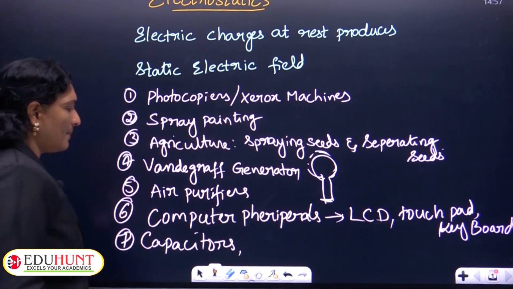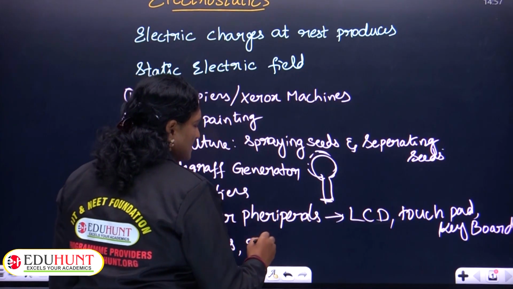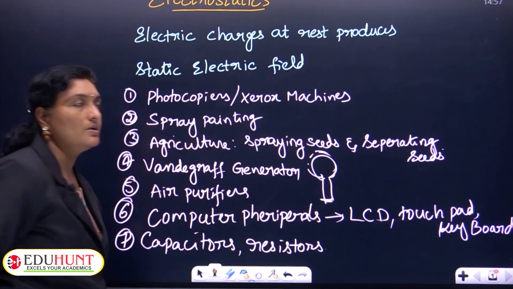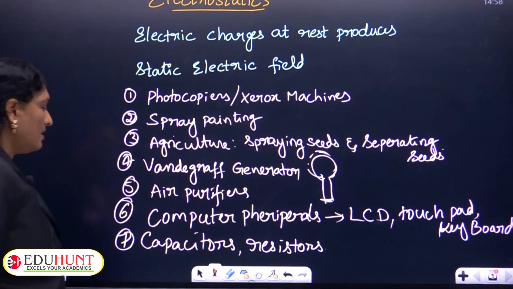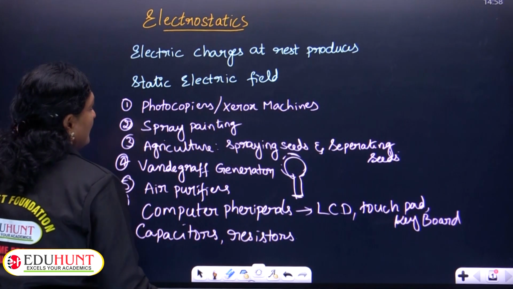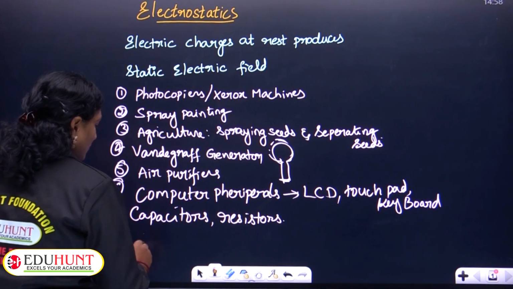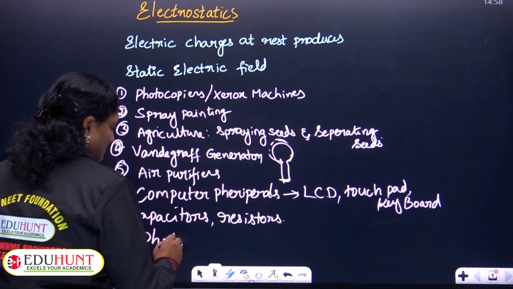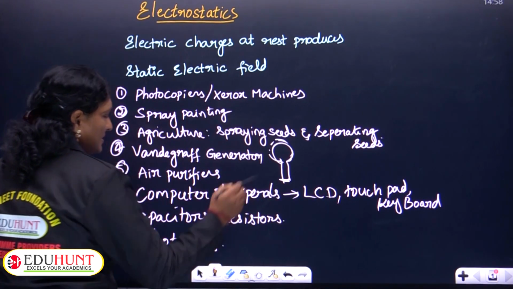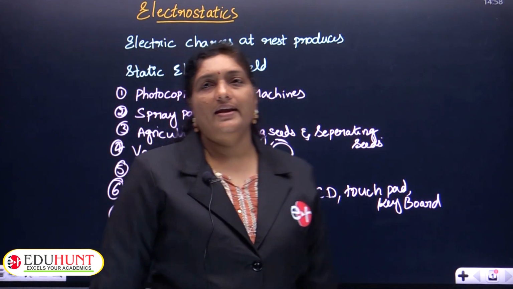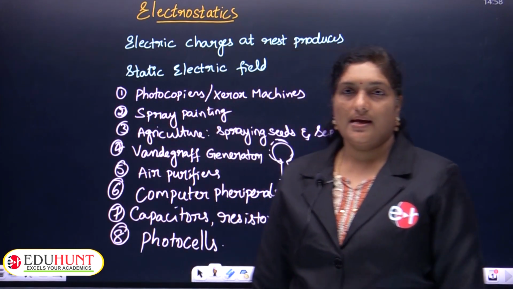So they are capacitors, and even a few resistors also work on this principle of electrostatics. We have many more applications in daily life. Let me conclude this. So, photocells. Even the photocells also work on the principle of electrostatics. Got it, children? So, there are wide applications of electrostatics in your daily life.